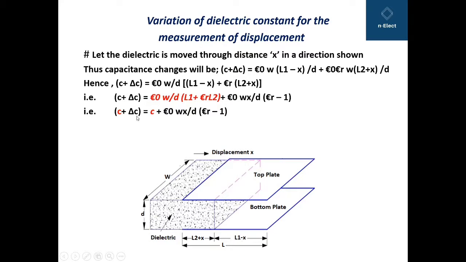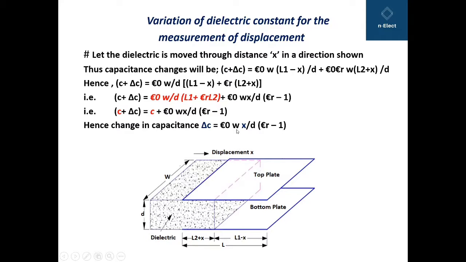That is, C plus delta C is equal to, now this first term is actually the C, so we can replace it by C plus this term as it is. Now C on the left hand side and right hand side will get cancelled, and finally we get delta C, that is the change in capacitance, equal to this term.